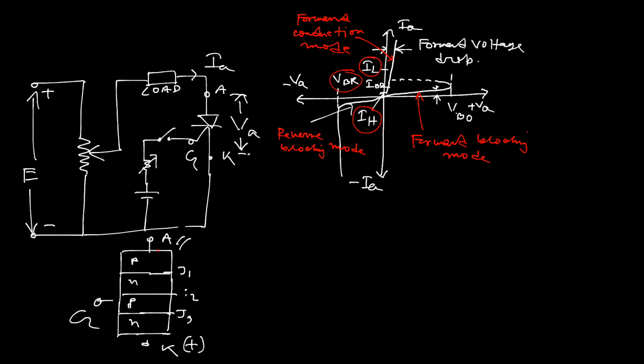Okay, that is why from this graph we can say that the magnitude of IL is greater than IH. So this is an important thing. Keep it in your mind, in all cases IL, or latching current, should be greater than IH, or holding current.